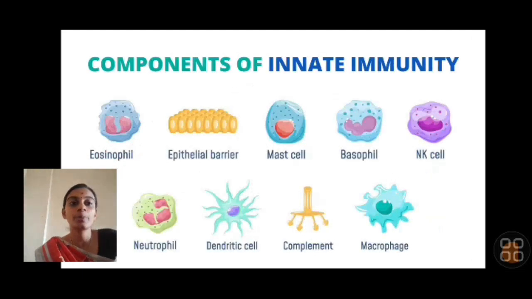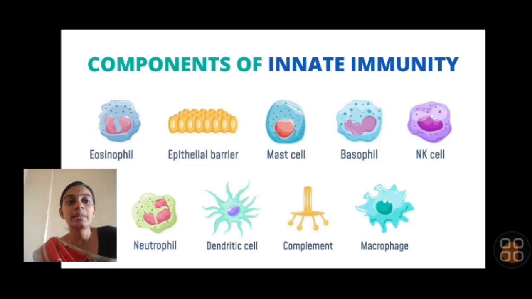These are the components of innate immunity: eosinophils, epithelial barriers, mast cells, basophils, natural killer cells, neutrophils, dendritic cells, the complement system, and macrophages. All these cells lead to innate immunity.